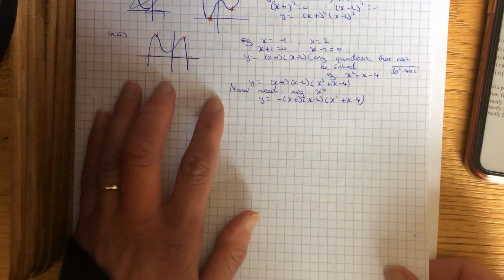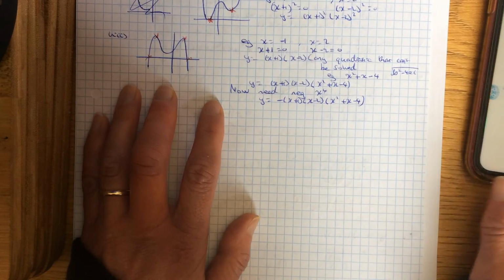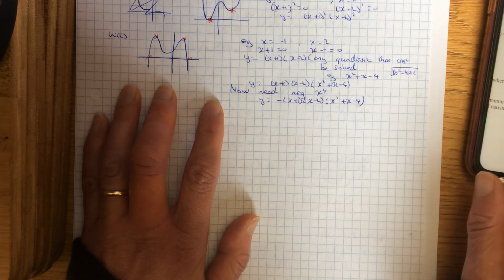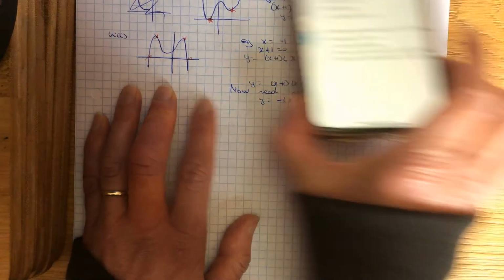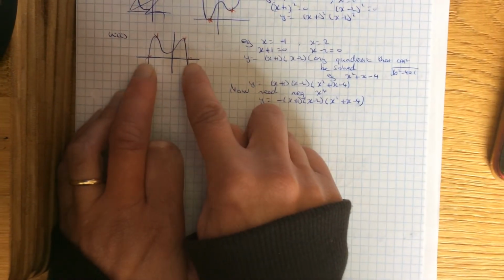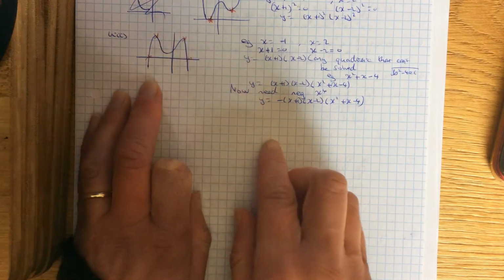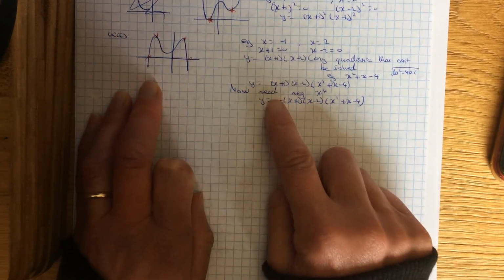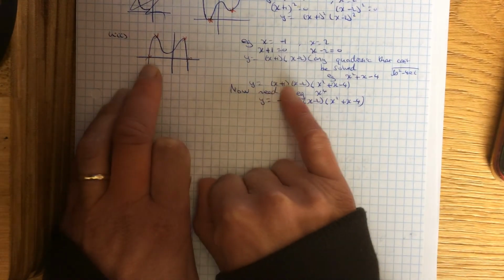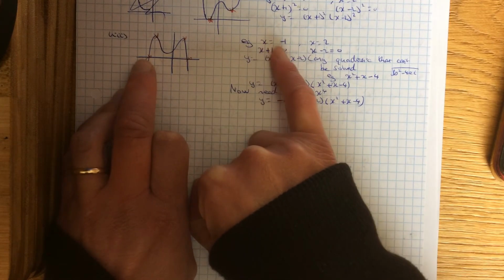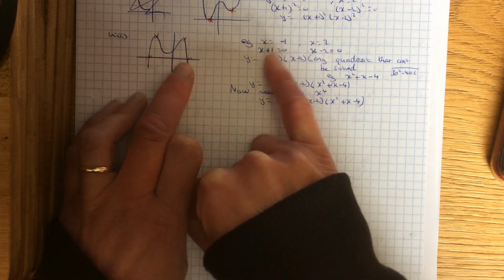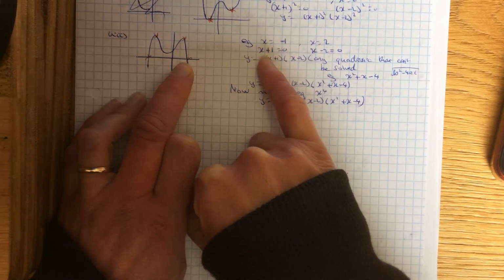And the last one, it wants 2 real roots and 2 maximums. So it crosses the axis twice, and it's got 2 maximum points. So anything you would need there, I just took a guess there, x is minus 1, and crossing the x is 2, so that's the 2 points there.